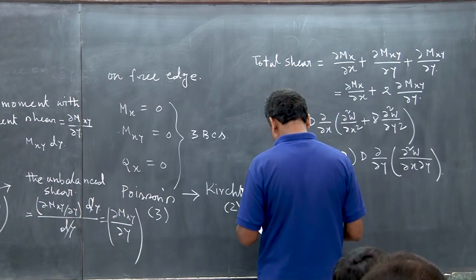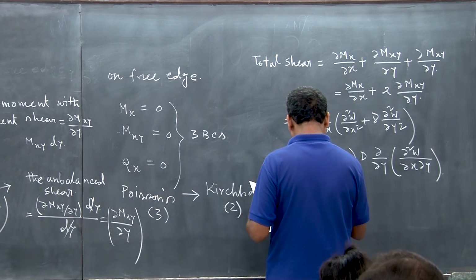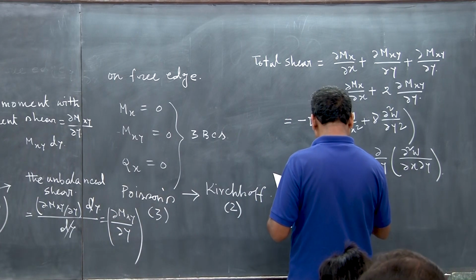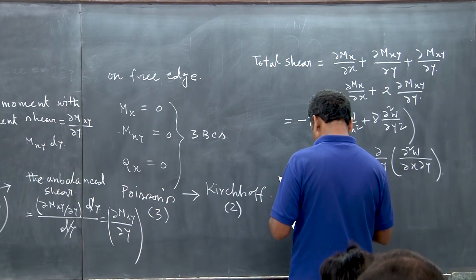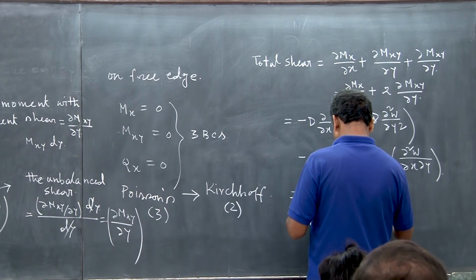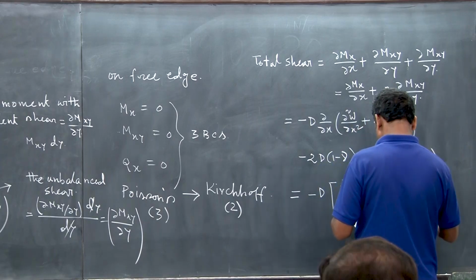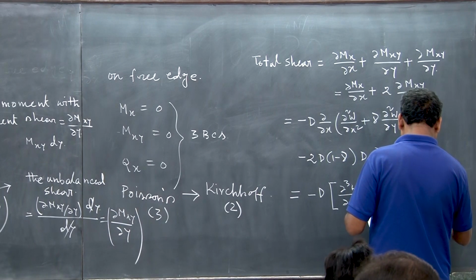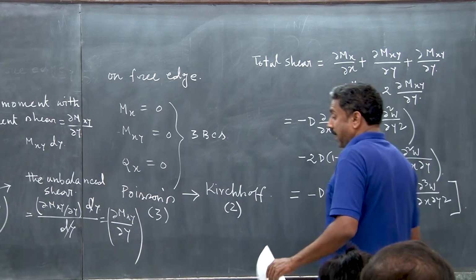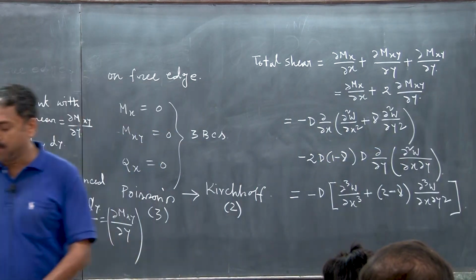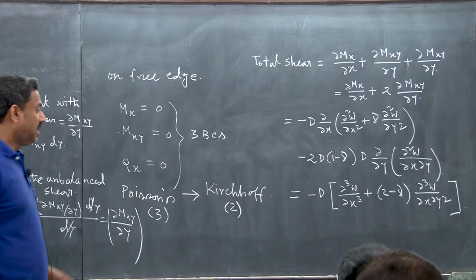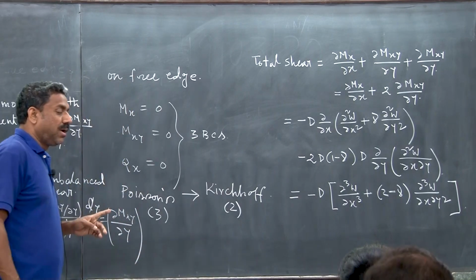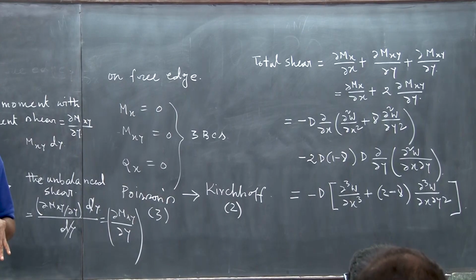So, if you simplify, you will see d3w dx3 plus 2 minus nu d3w del x del y2. Look, ultimately you have to express it in terms of the displacement, because we have formulated everything in terms of displacement, right.